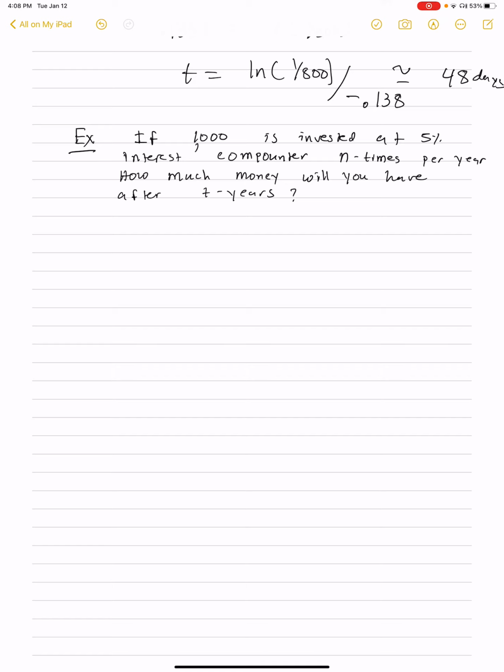Well, the equation that describes your amount of money, with n compoundings, is given by this equation. It's your initial amount times 1 plus r over n to the nt. And here's going to be your question.